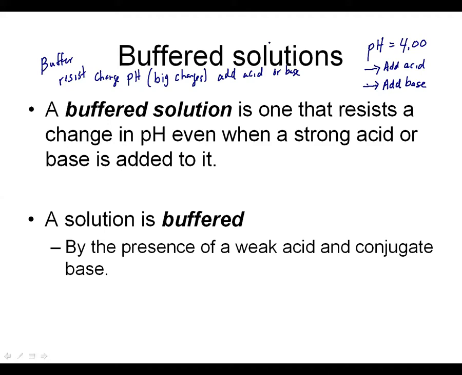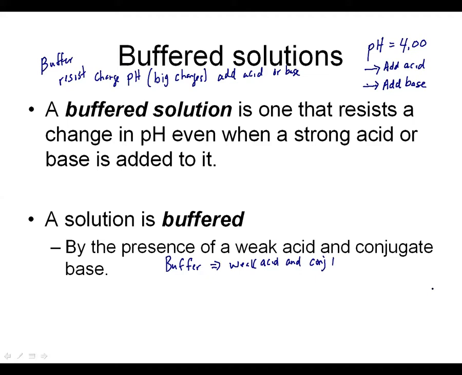And the reason it's able to do that is because of what makes up a buffer, and what makes up a buffer is what's on the bottom here. It essentially can be a combination of one of two things. You can have a combination of a weak acid and its conjugate base, and sometimes that's referred to as the salt of its conjugate base.